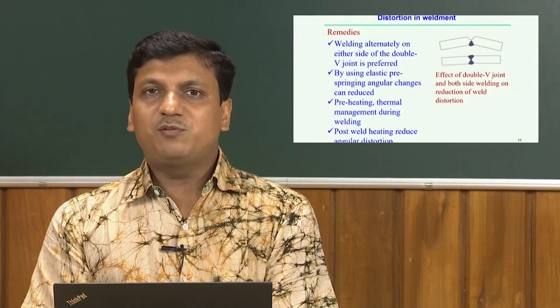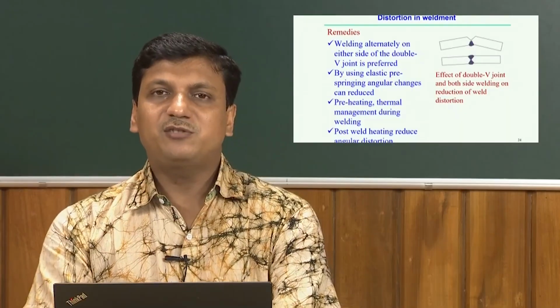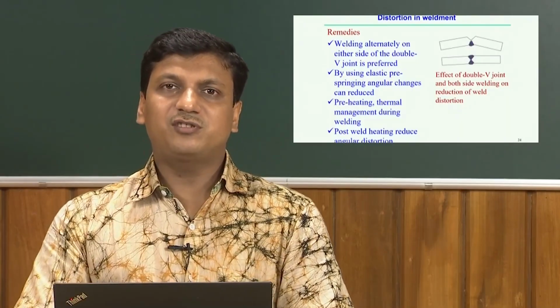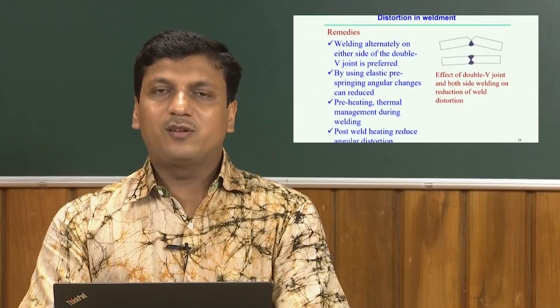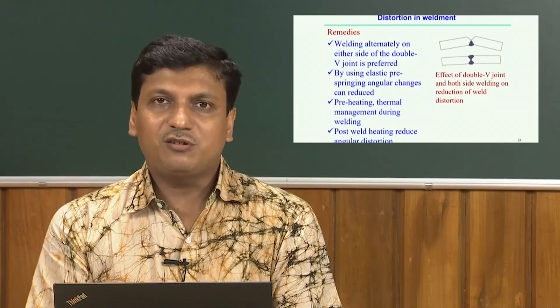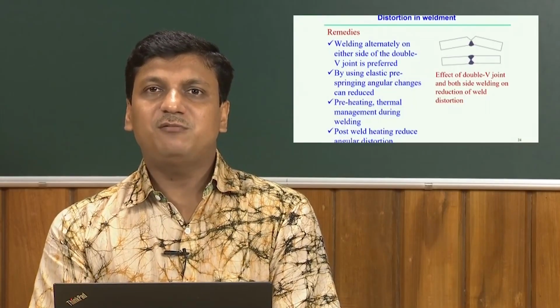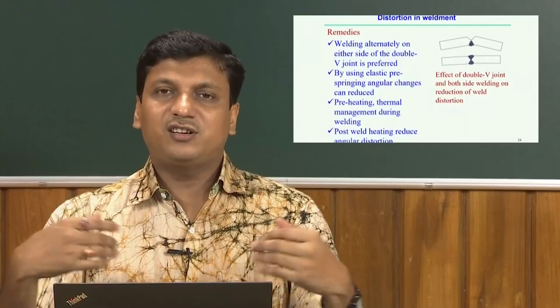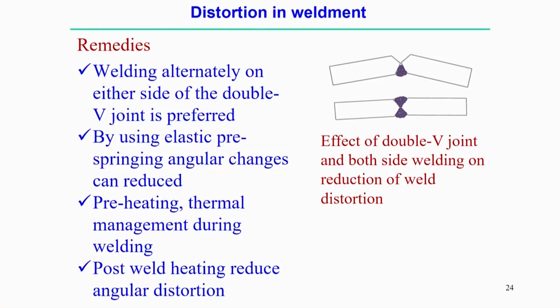So, by proper control of this time-temperature cycle, or the thermal management during the welding process, we can reduce the amount of distortion. Apart from that, preheating or post heating also helps to reduce the distortion level simply by changing the microstructure of the welded joint. So, these are the typical methods for reducing the distortion level in a welded structure.